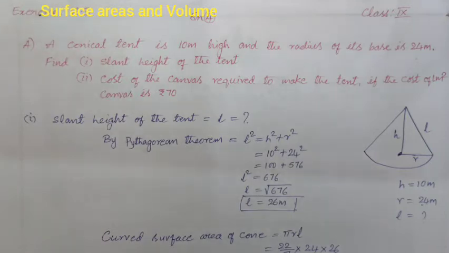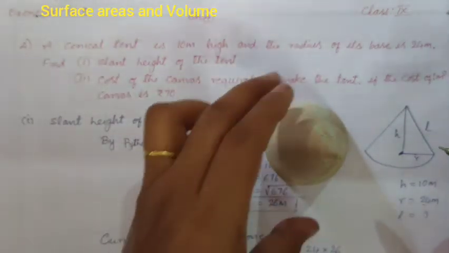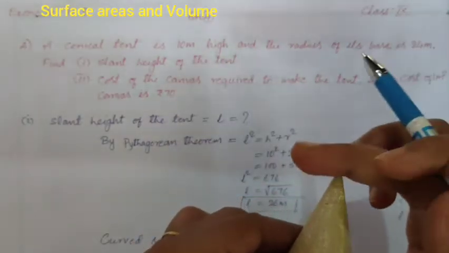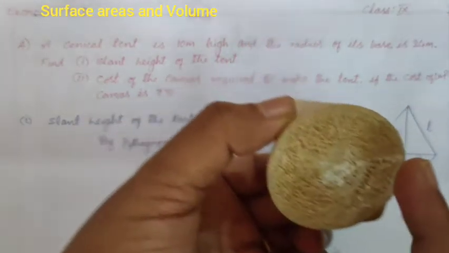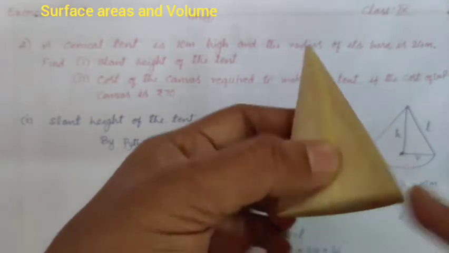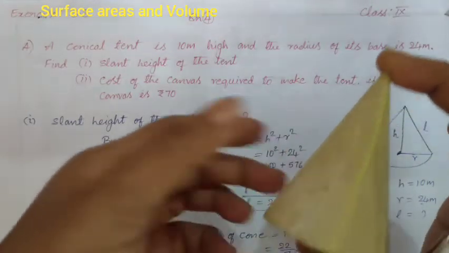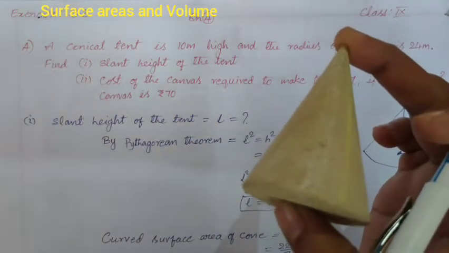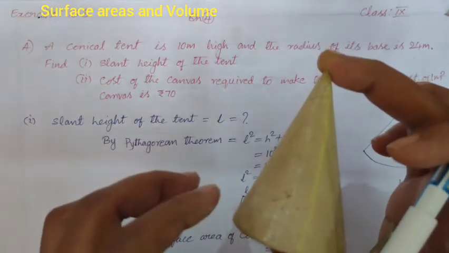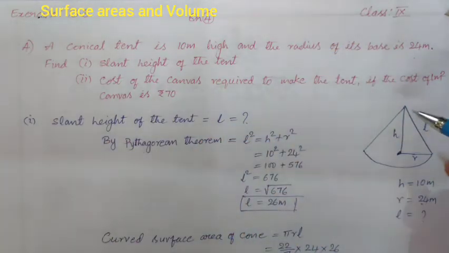Students, in a cone, the length from the vertex of the cone to the center of the base, you can see this cone. This is the vertex, this is the center of the base. From the vertex to the center of the base, that length is called the height of the cone.